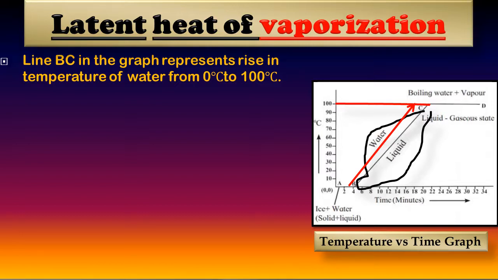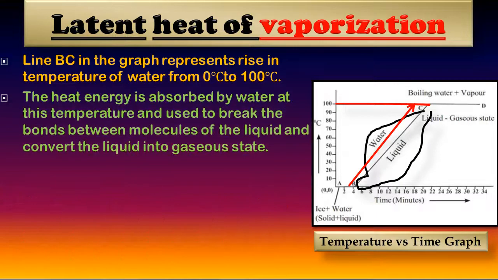Thereafter, even though heat energy is supplied to water, its temperature does not rise. That means after the temperature reaches 100 degrees Celsius, the heat is continuously provided, but the temperature stays constant at 100 degrees Celsius. The heat energy is absorbed by water at this temperature and used to break the bonds between the molecules of the liquid and convert it into the gaseous state, that is steam.